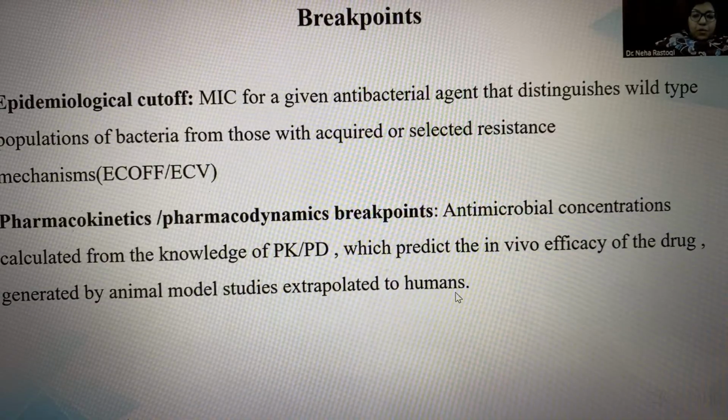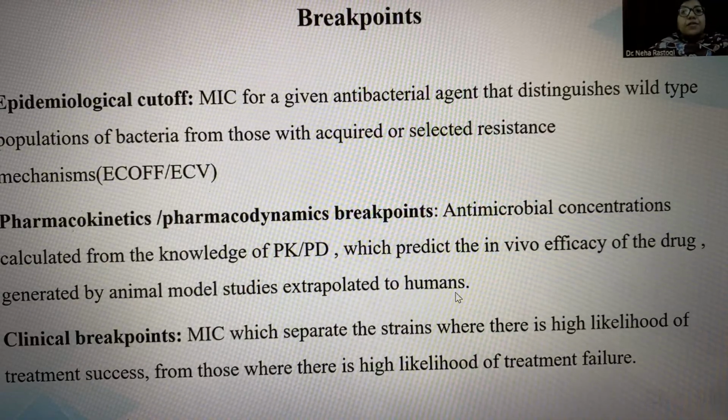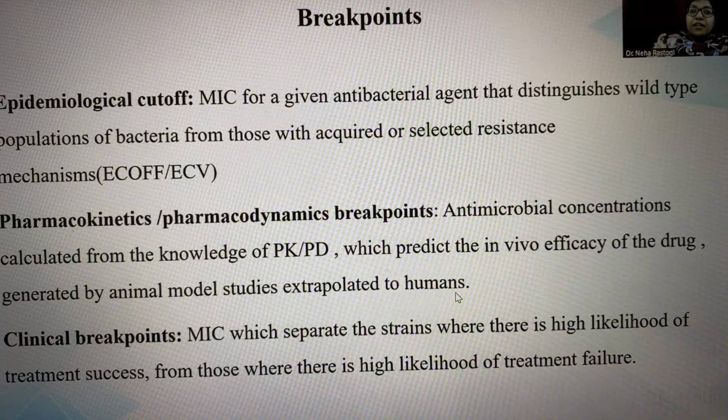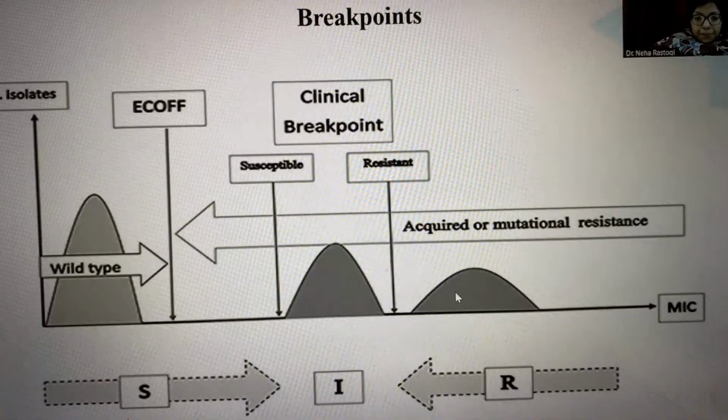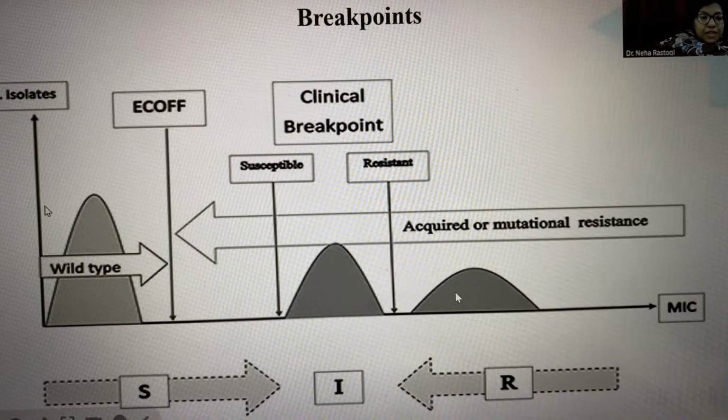Whereas for the CLSI, the Clinical and Laboratory Standards Institute, which we most commonly practice, it is the clinical breakpoint. That is the cutoff which separates strains with a high likelihood of treatment success at a particular concentration from those with a high likelihood of treatment failure. If you see this graph, for the epidemiological cutoff you have a wild type, which is pan-sensitive, and then a mutant type.